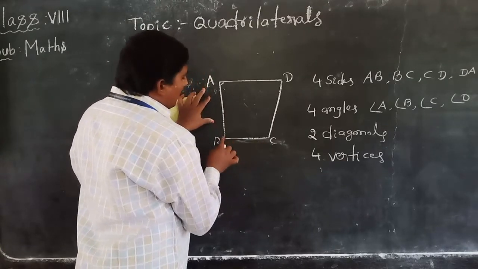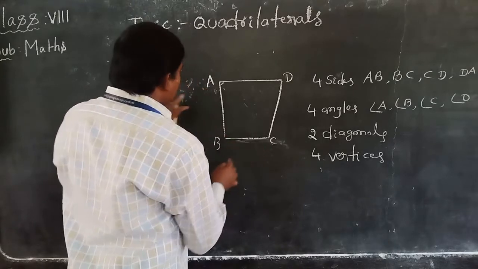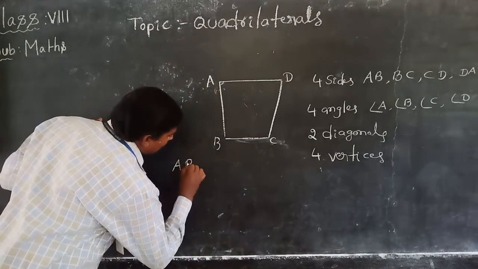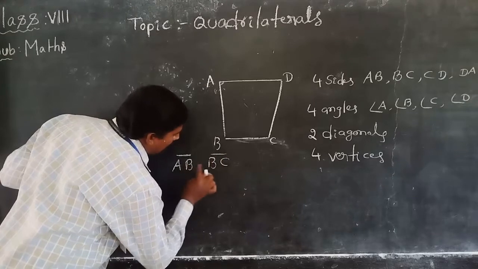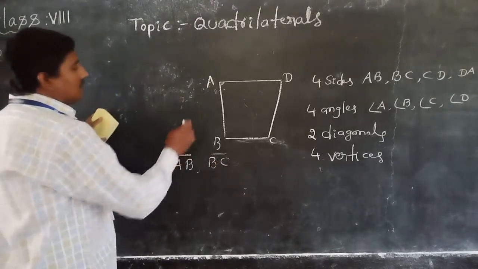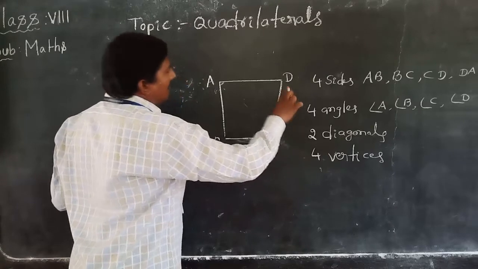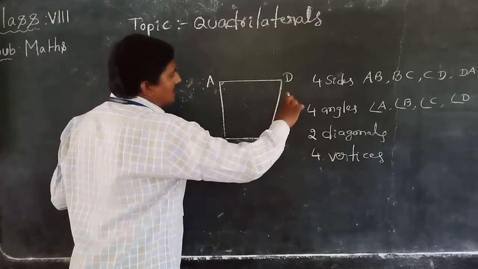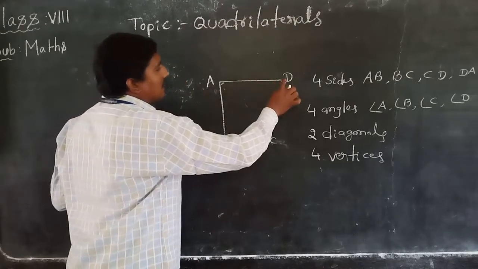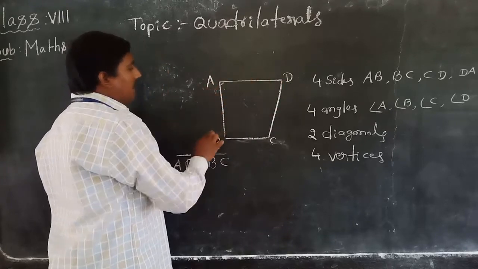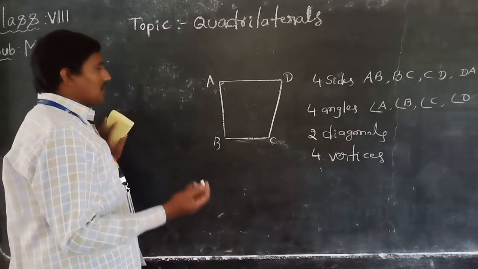They have this vertex B as common. BC and CD are adjacent, with C as the common vertex. CD and DA are adjacent, with D as common. DA and AB are adjacent, with A as the common vertex.